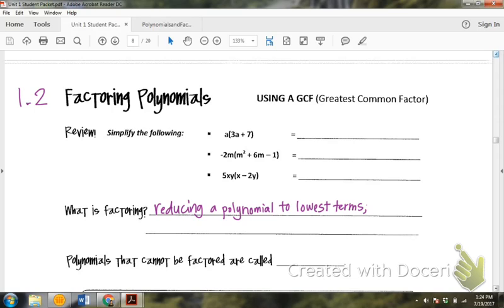It's also separating a polynomial into a product. What does product mean in math? Multiplication. Multiplication, right? So when we factor something, we turn it into actually a multiplication problem.